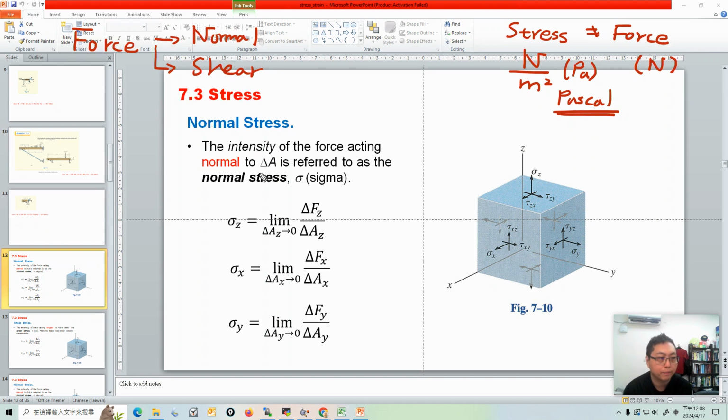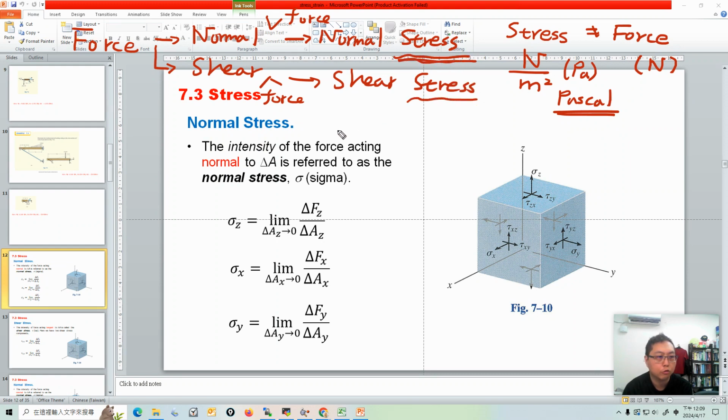We also have a terminology called normal stress. And for shear force, we also have a terminology called shear stress.